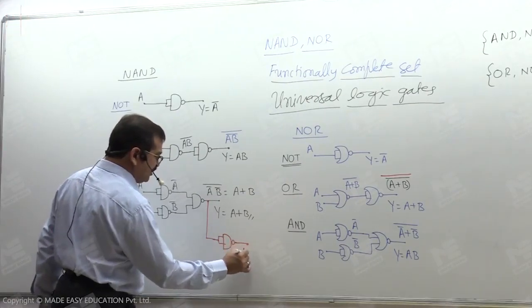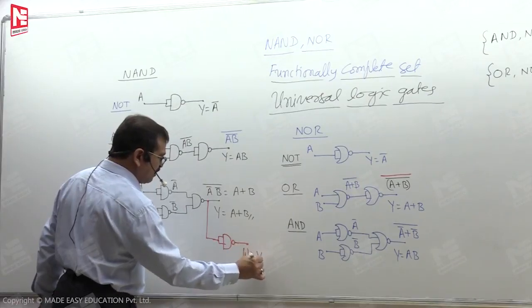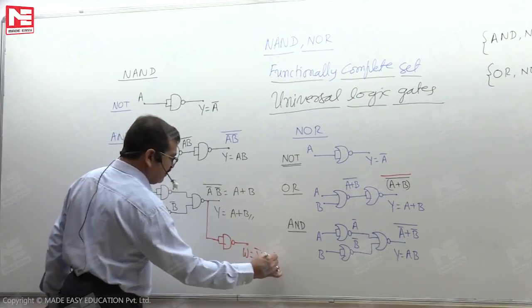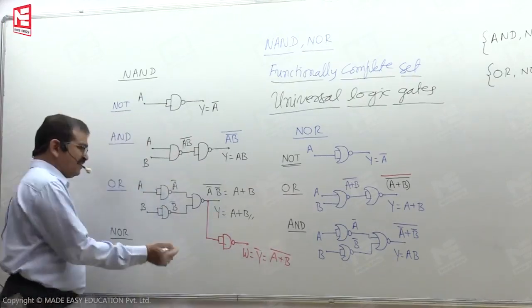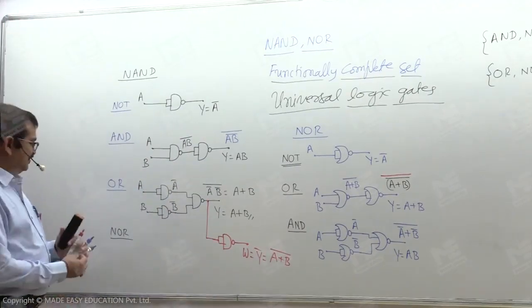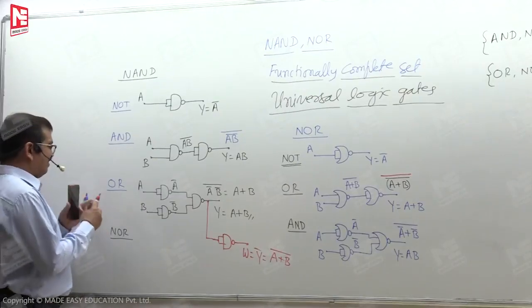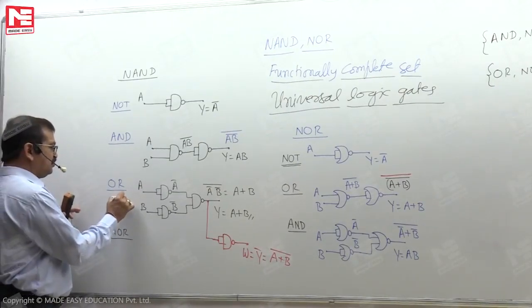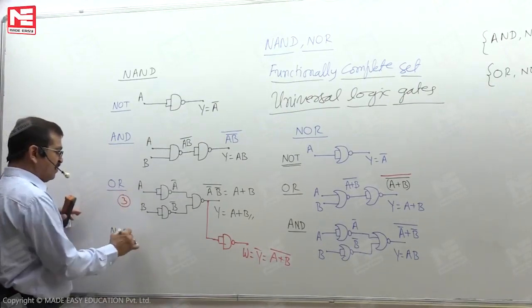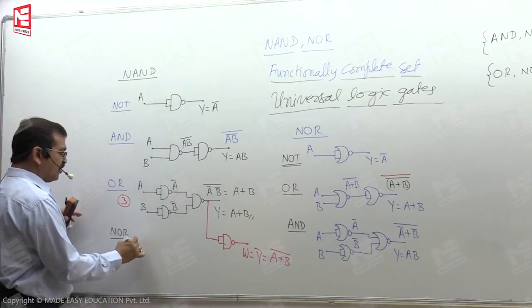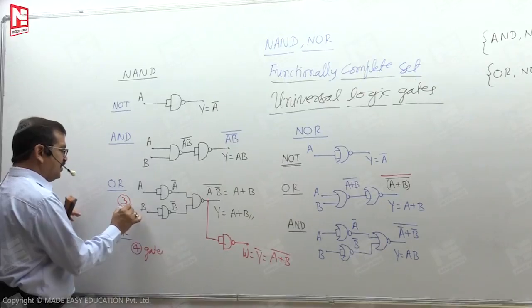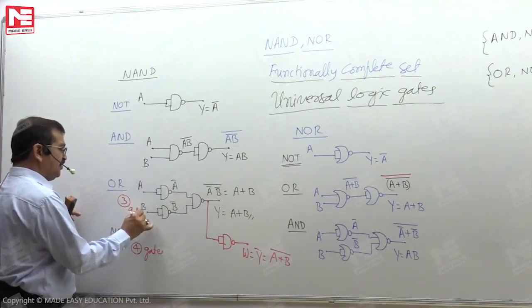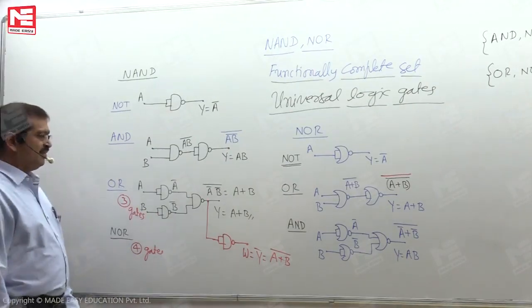If I call it W, W is Y complement. It is nothing but A or B complement. So it's a NOR operation. So for the OR operation we use 3 NAND gates. For the NOR operation we need 4 gates. After the OR operation we need one more gate as an inverter.